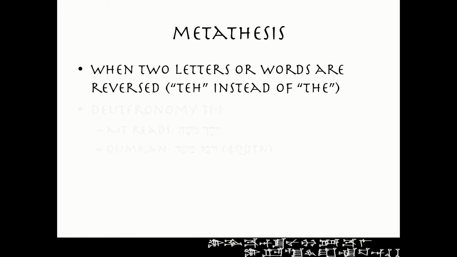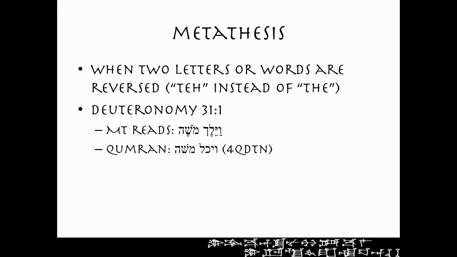Well, this sort of stuff also happens when you copy by hand. So in Deuteronomy 31:1, the Masoretic text reads, Vayelech Moshe. And you can see here, you don't have to read Hebrew to catch this, the Yud, Lamed, Kaf. They're in that order.